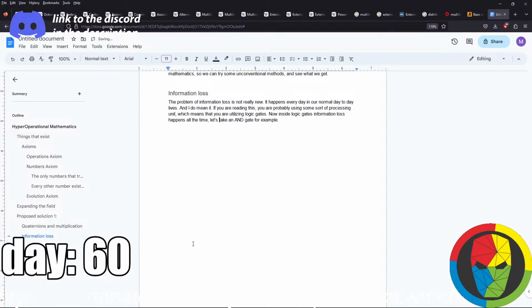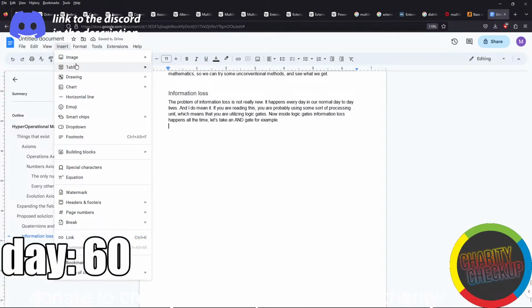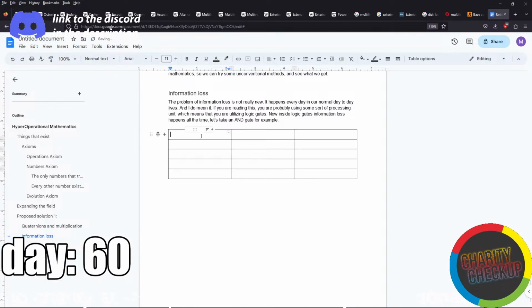I always get this wrong. Okay, fine. Take an AND gate for example. Now, insert table. AND gate like this. Input 1, input 2, output.